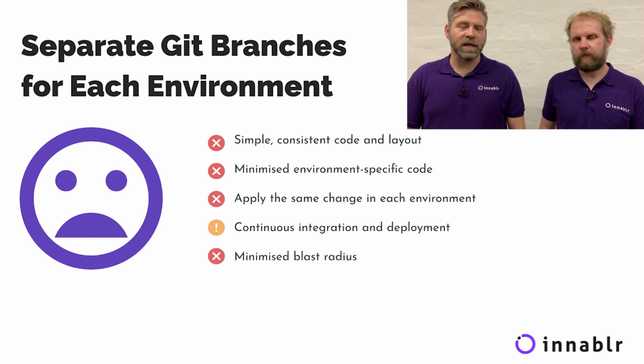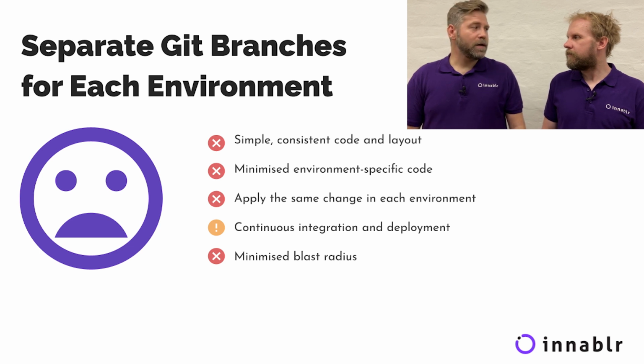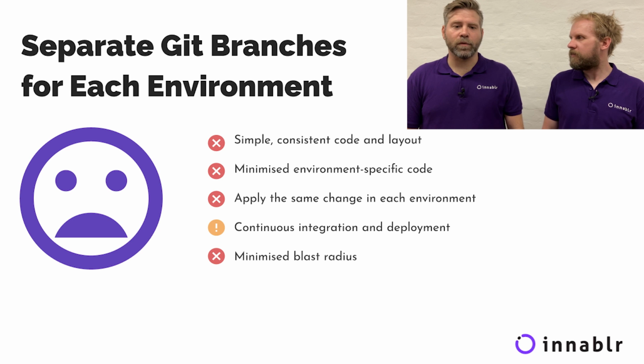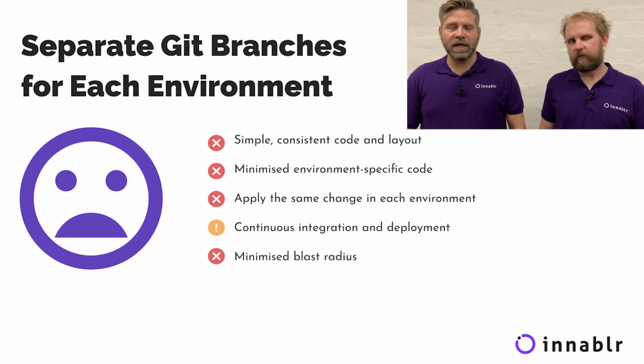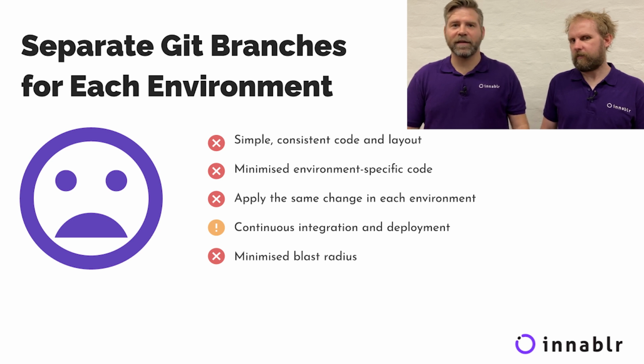So another thing we've seen is separating the environments via Git branching. Why is this bad? This is bad because your branches can get out of sync quite quickly. We're all human. We can't remember what we've put into dev and then got to put it in test and prod and the rest of it. We'll forget sometimes. The other thing is that you might try and sync each branch together.